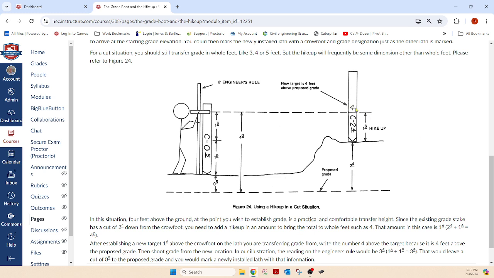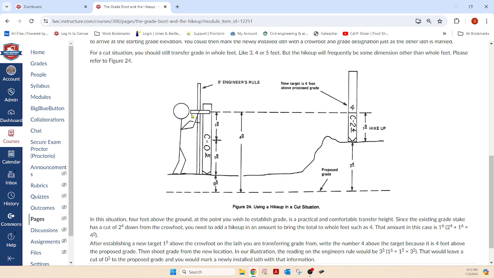a little bit more about the grade boot. I like what he has to say here. Looking at this situation, to keep me from having to squat down and to avoid dealing with this issue at all, I am going to pick a 4-foot grade boot to put on this stake. That way, I can probably stand up.